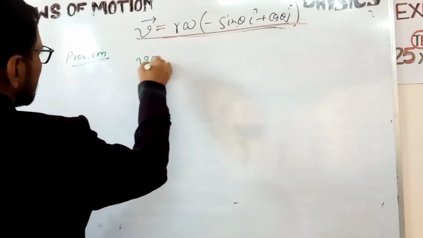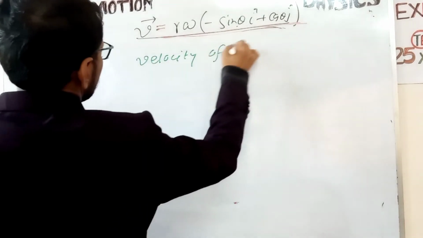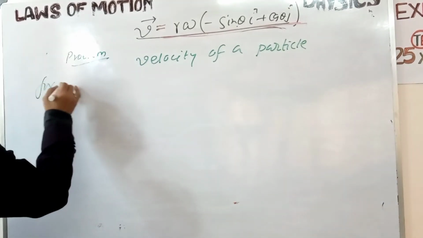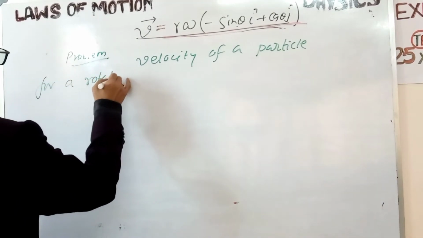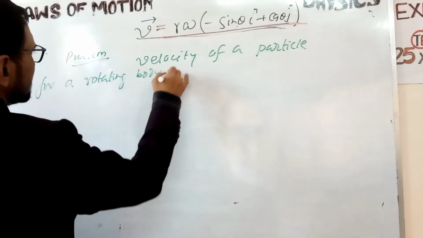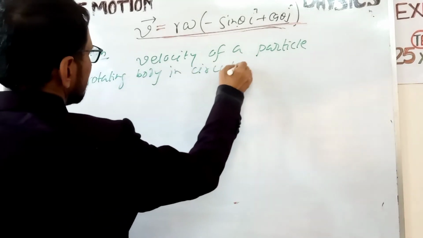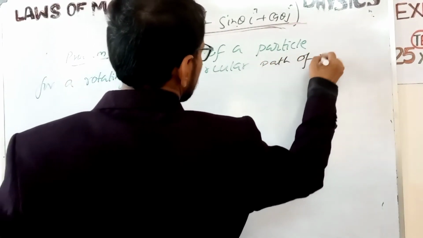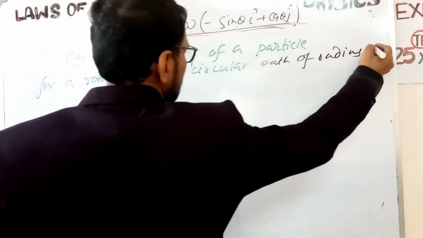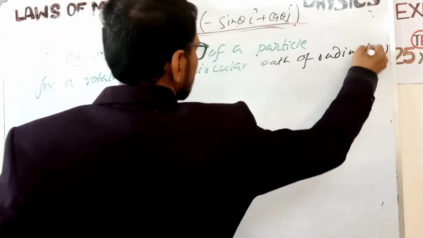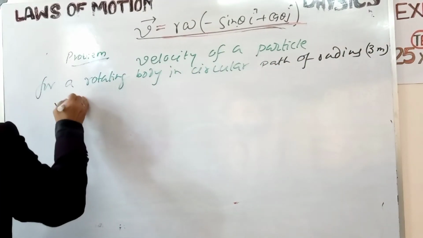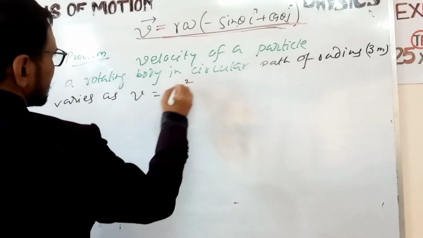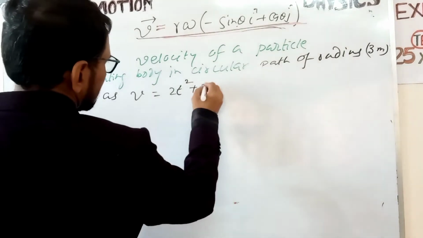Suppose the velocity of a particle for a rotating body in a circular path of radius, suppose 3 meter, varies as v equal to t square plus 3t.